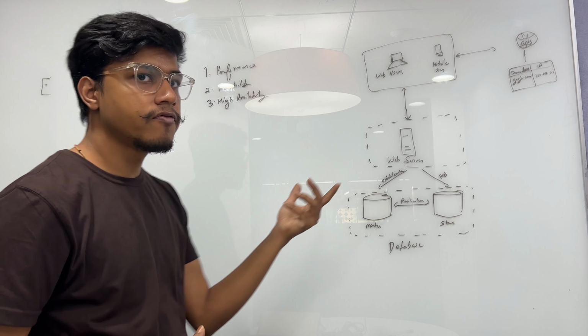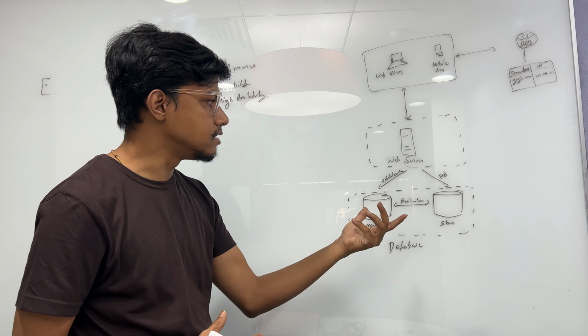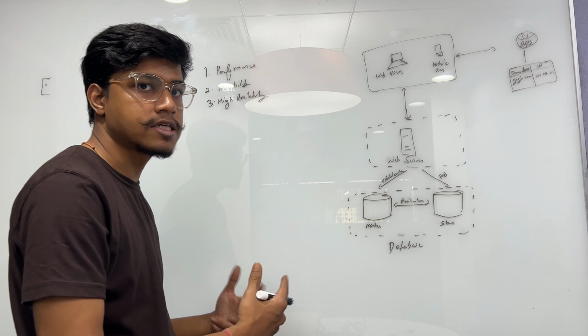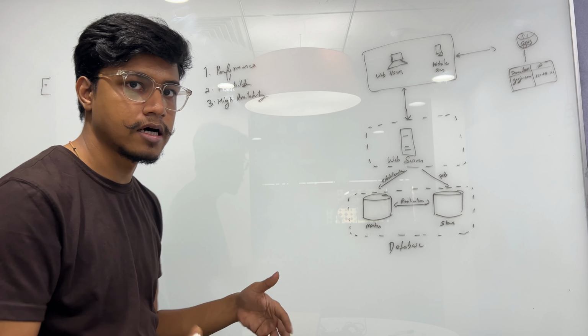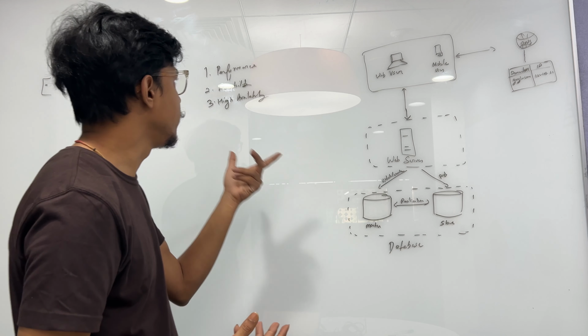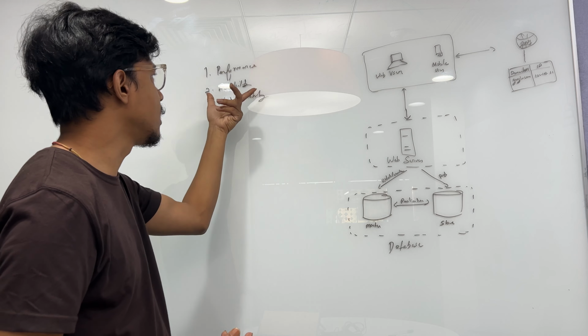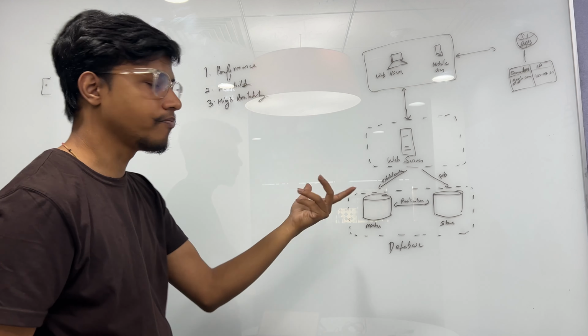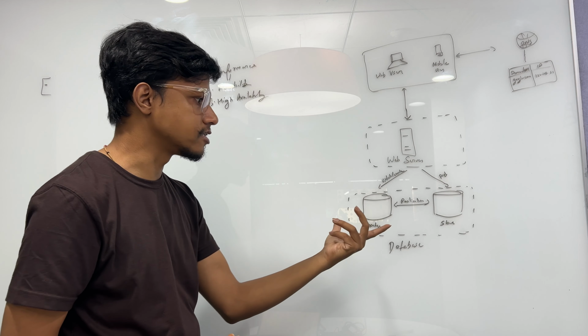Reliability is that even if one database instance goes down, we have the other one which can take care of the requests for some time until the other one comes up again. So we have a reliable application. Similarly, reliability and high availability both cover the same point that I just explained.